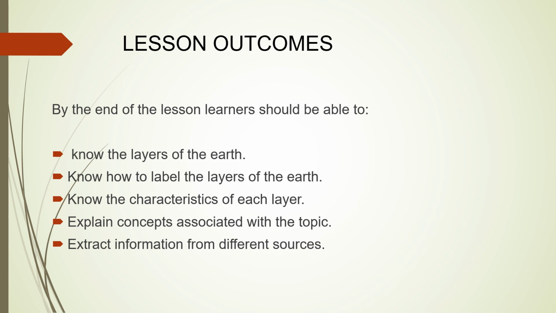So as we'll be unpacking this content, you will know how to label all of these layers. The third one is you must be able to know the characteristics of each layer. So meaning each and every layer has unique characteristics, or there's something special about each layer of the earth.